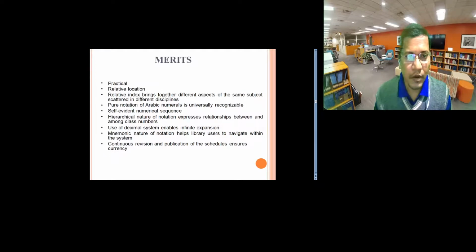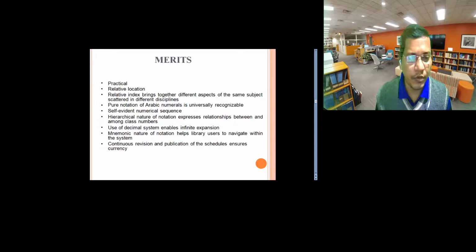What is the merit of that particular system? The DDC is practical, and it consists of relative location and a relative index also. The relative index brings together different aspects of the same subject scattered in different disciplines.